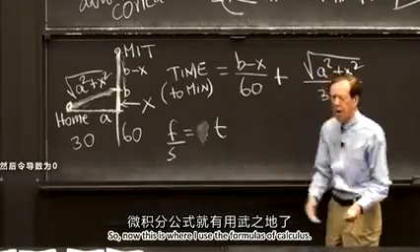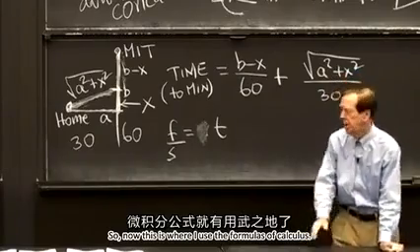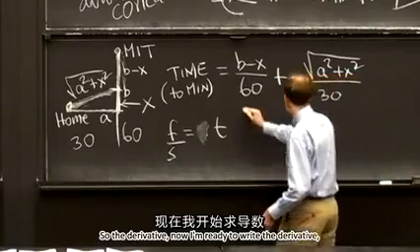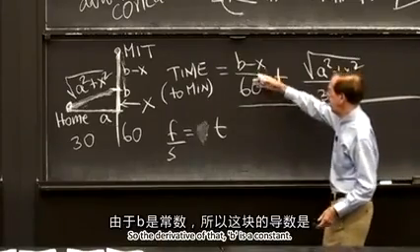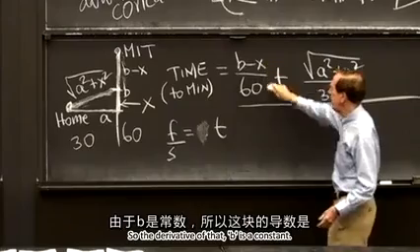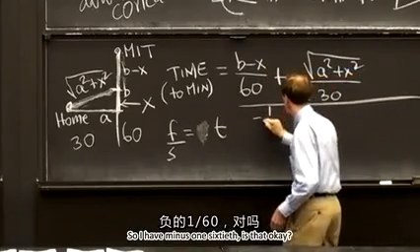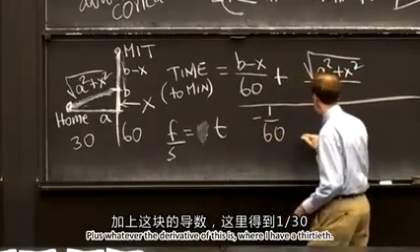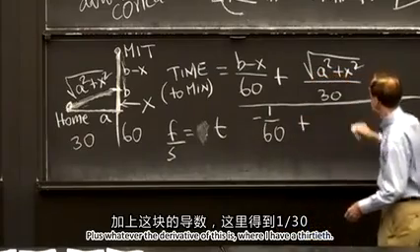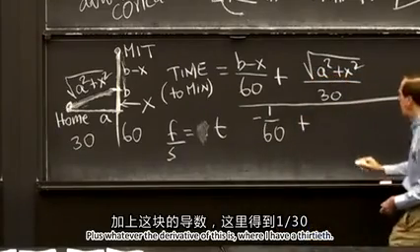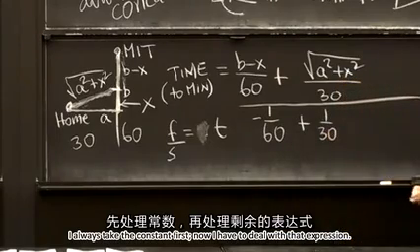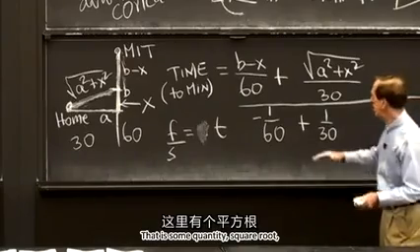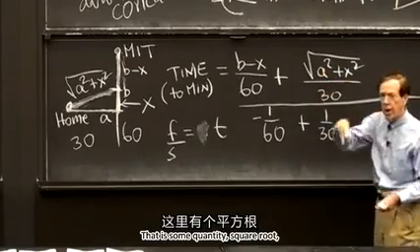So now this is where I use the formulas of calculus. So the derivative. Now I'm ready to write the derivative. And I'll set it to 0. So the derivative of that, b is a constant, so I have minus 1/60th. Is that okay? Plus whatever the derivative of this is. Well, I have a 30th. I always take the constant first. Now I have to deal with that expression. That is some quantity square root.